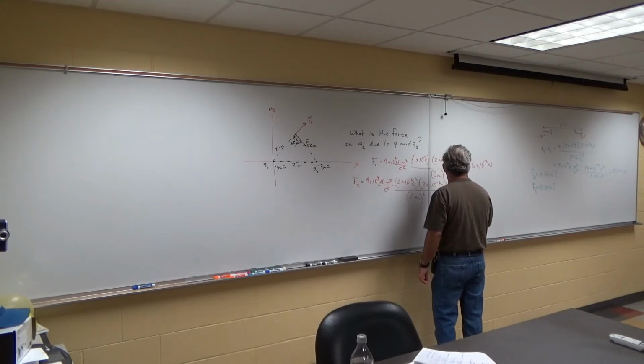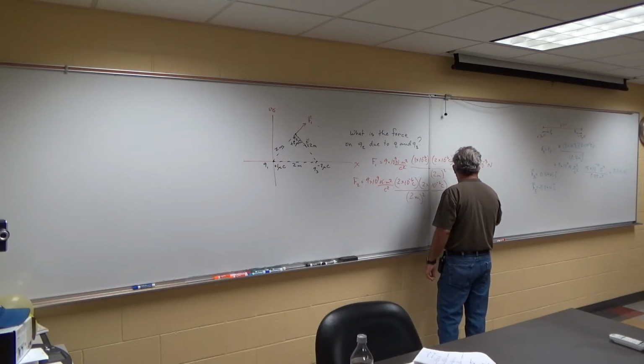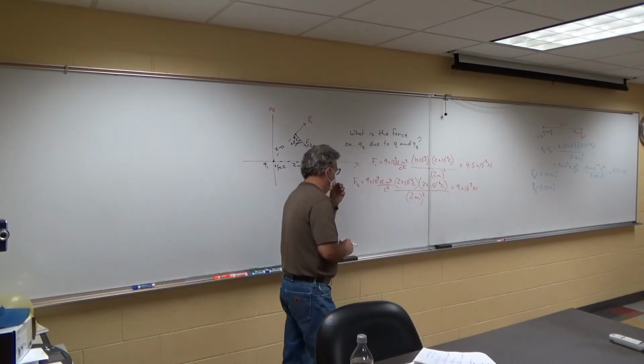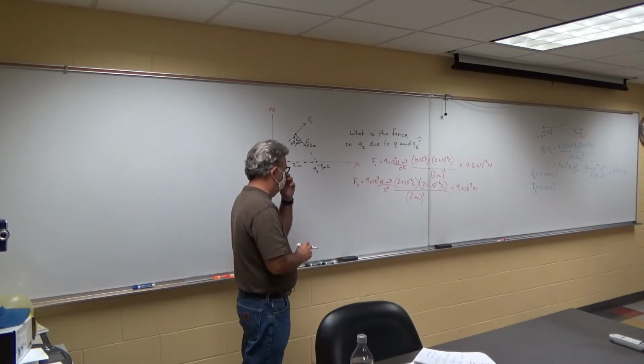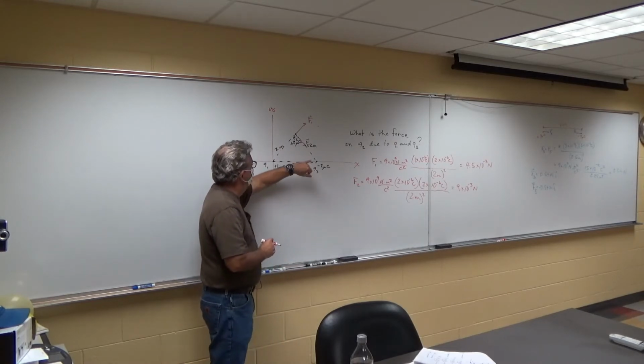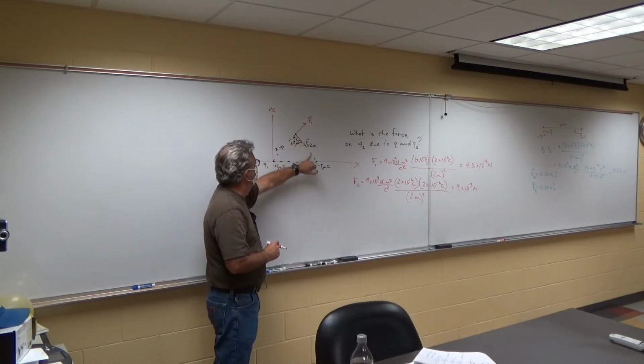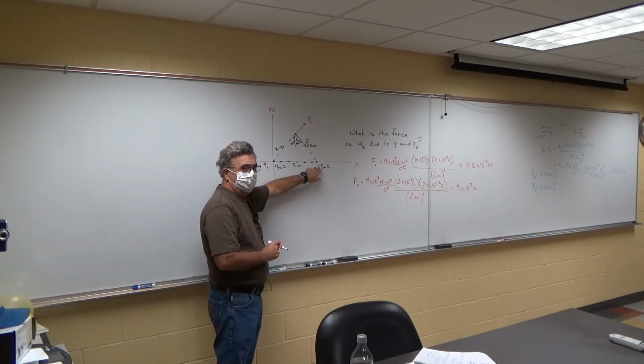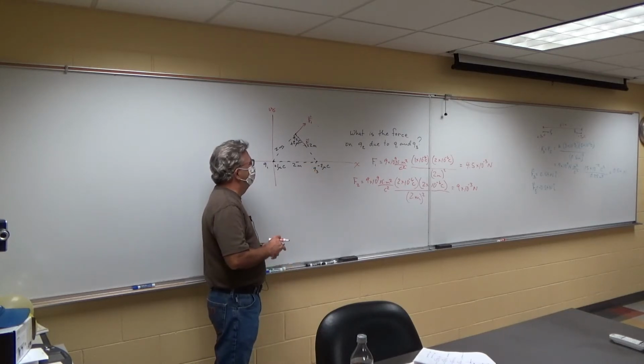And this is going to be equal to 9 times 10 to the negative 3 newtons. Okay. That's these two. I ignored the negative. I'm just looking at magnitude. Okay?